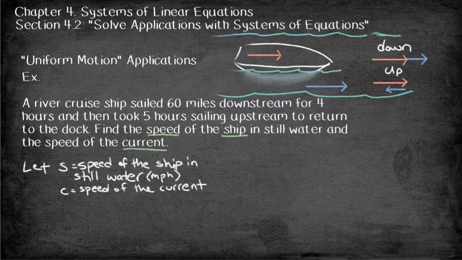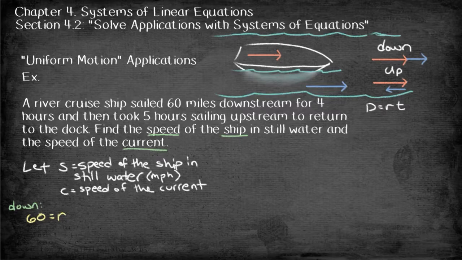So let's remember we have our trusty uniform motion formula, D equals RT. We have this information, D equals RT, for both the trip downstream and the trip upstream. Let's write an equation for the trip downstream. So D equals RT. I know what D is, it's 60.